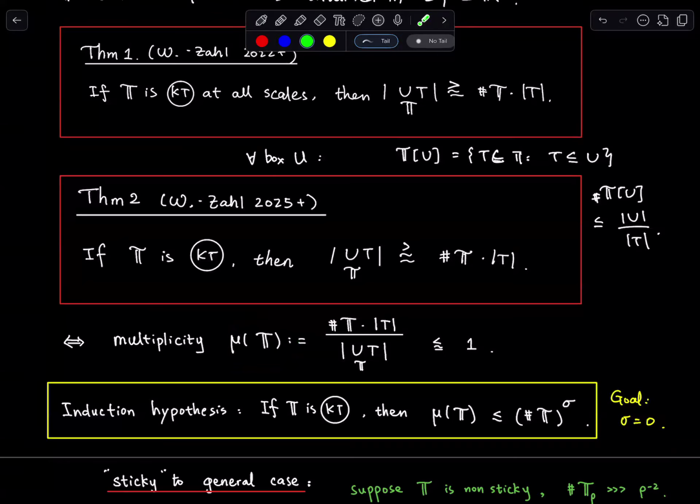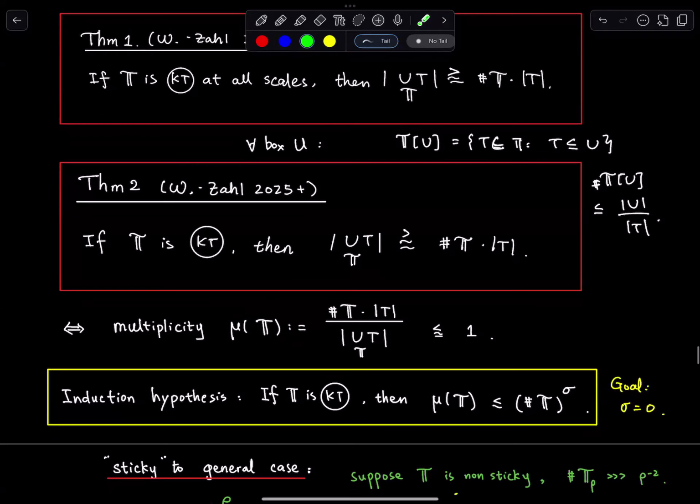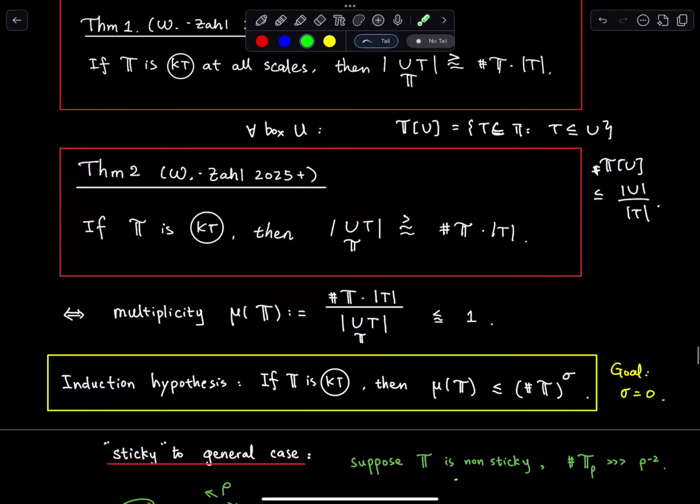Similarly as before, the induction hypothesis is to suppose we know that if the set of tubes satisfies the Katz-Wolff axiom, then the multiplicity is bounded by the number of tubes to the sigma, for some positive sigma. It's the same as last time. When sigma equals 1, this is trivial. And then the goal is to show that sigma equals 0.